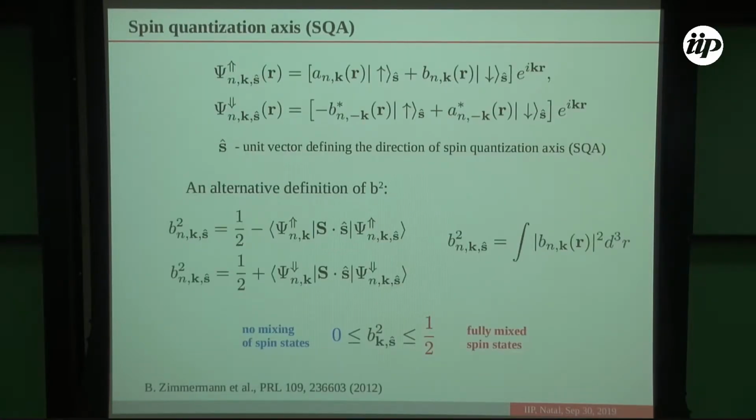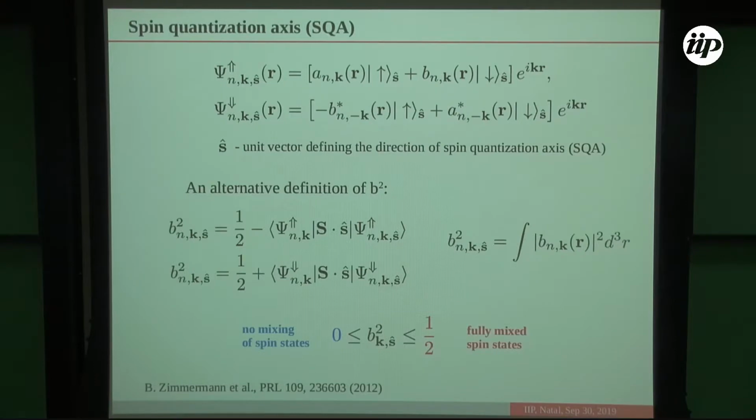Having this set, we can define a more general spin mixing parameter, where we write those two degenerate Bloch states with a given spin quantization axis. Using this definition, we can give an alternative definition of the spin mixing parameter as 1/2 minus the expectation value of the spin operator, being parallel or anti-parallel to the spin quantization axis.